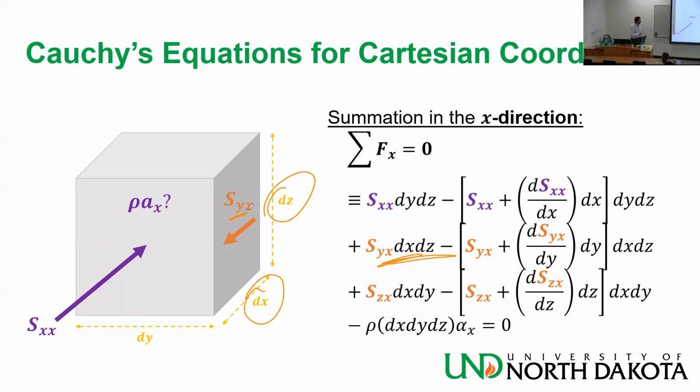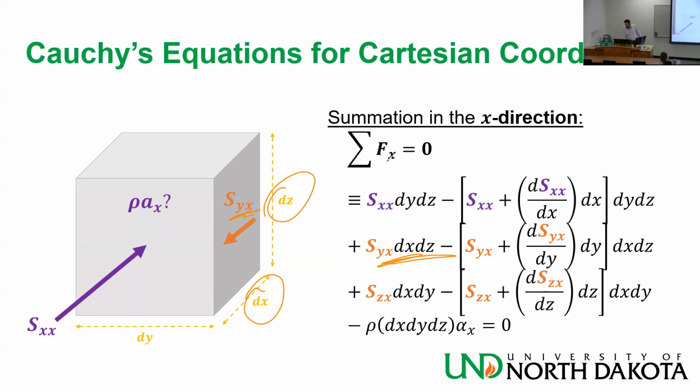So if it's perpendicular to the y direction, it means it's the other two, dx dz basically. And then the second subscript x is the direction in which this shear force is acting. Okay, and you can understand that the purple arrow is parallel to the orange. They are both forces acting in the x direction.